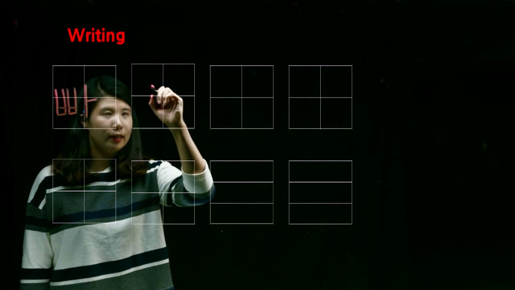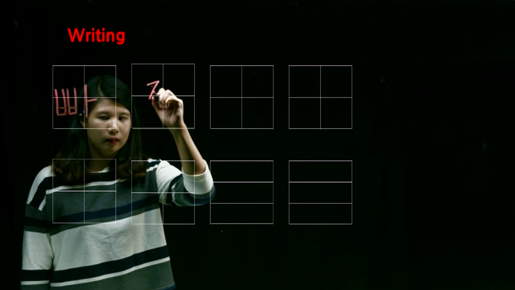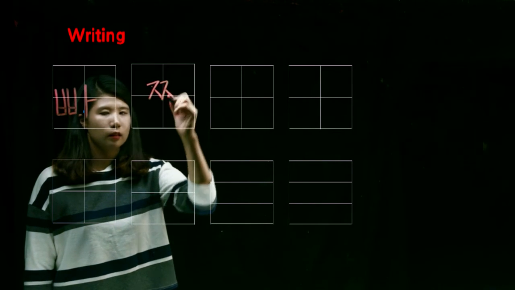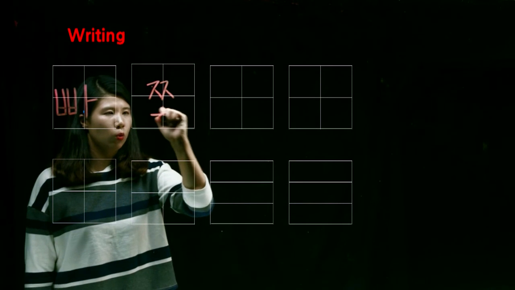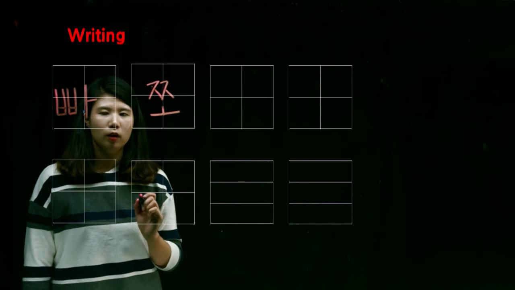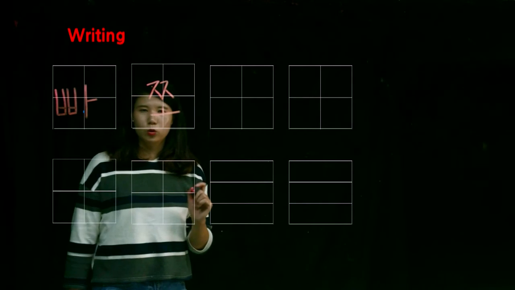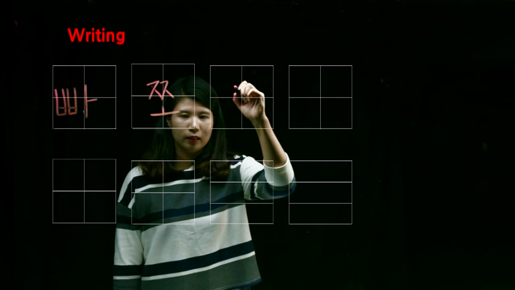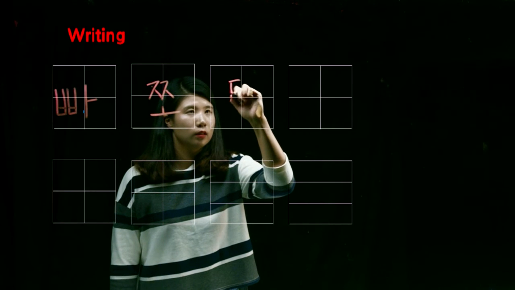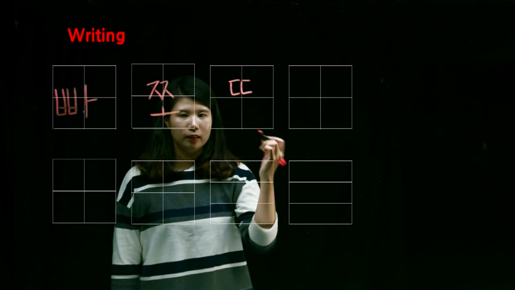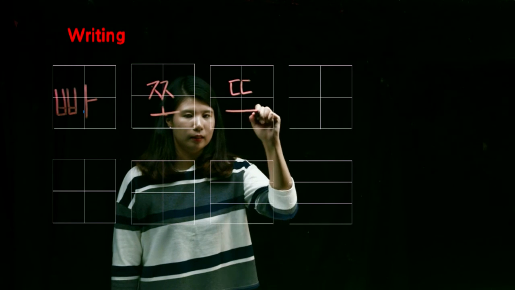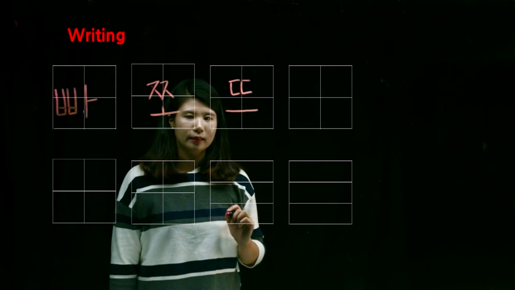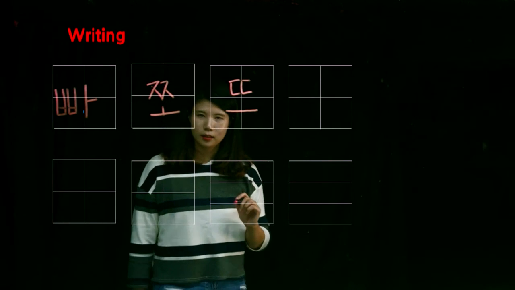So, we'll be writing 쌍지읒 and 오, 쪼. Next one is 뜨. So, 쌍디귿 and 뜨.